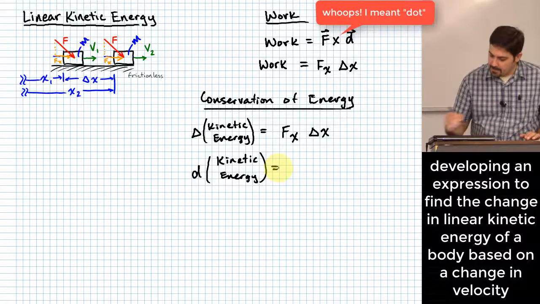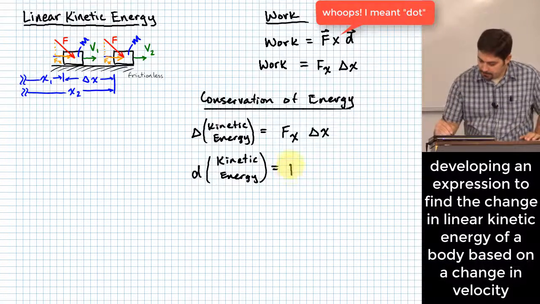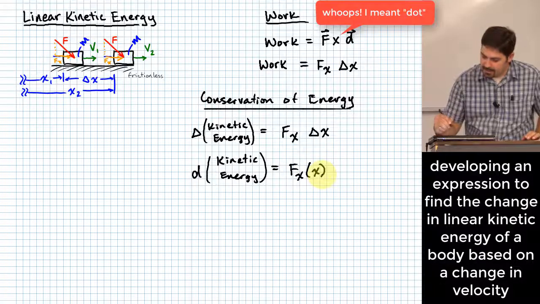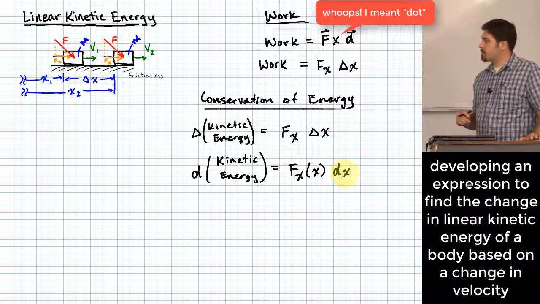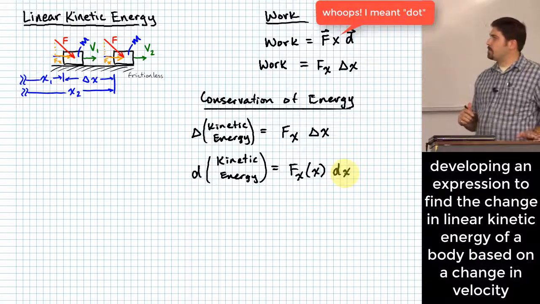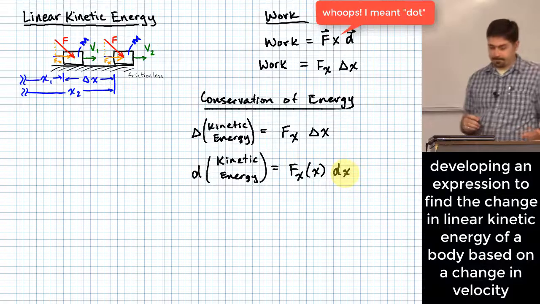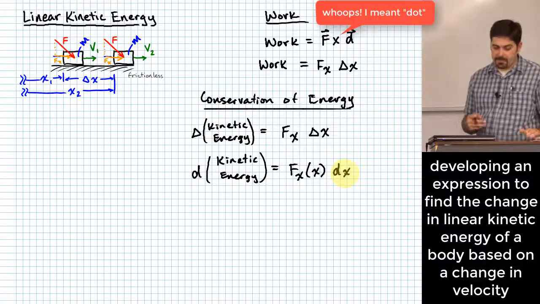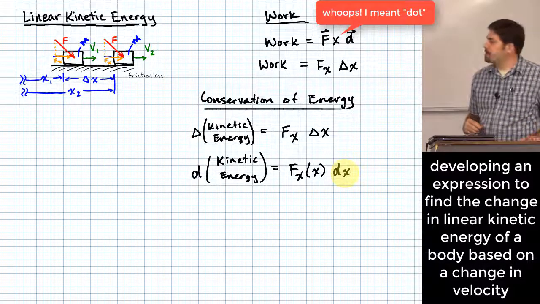Okay, and this is going to be equal to, now I'm okay with this f of x being a function of x, and it's going to be over a tiny little change in position dx. Okay, so that's if I've got a variable amount of force. Well, now I can integrate both sides of this.